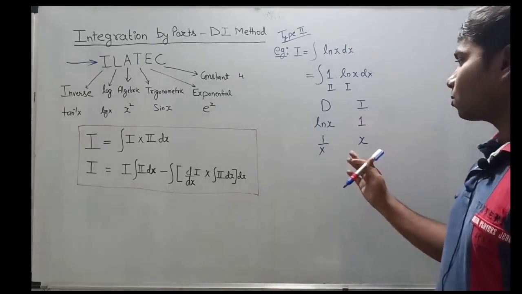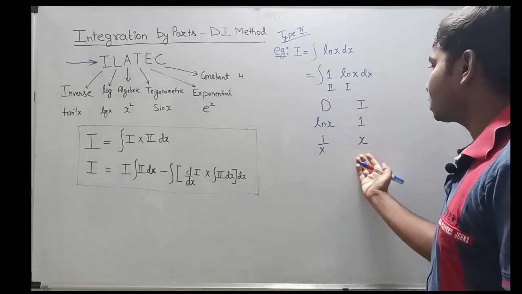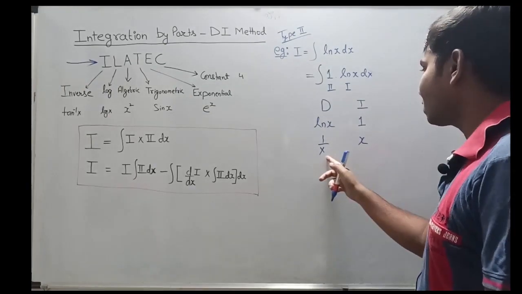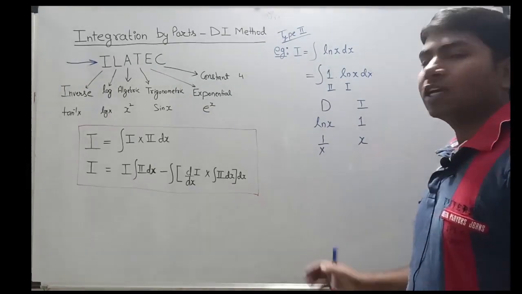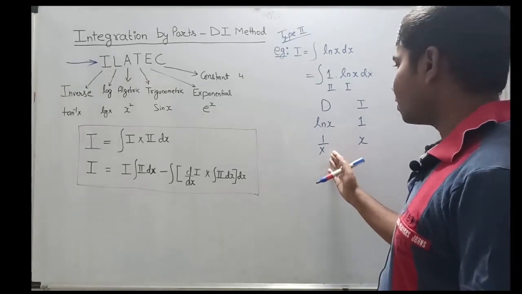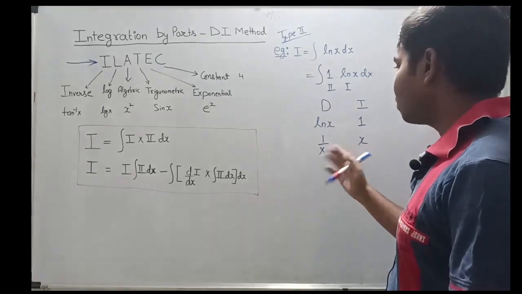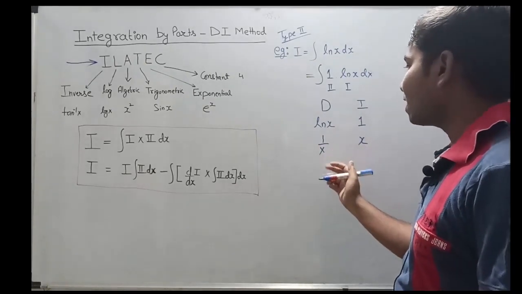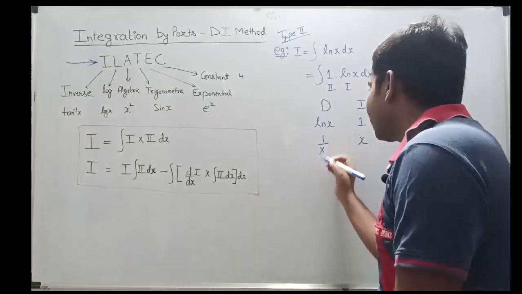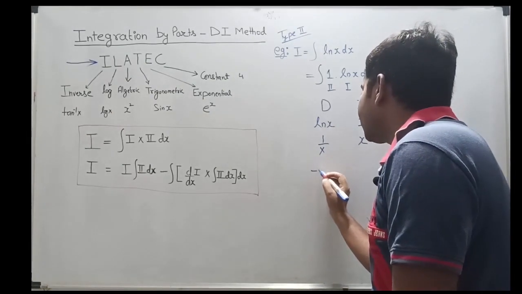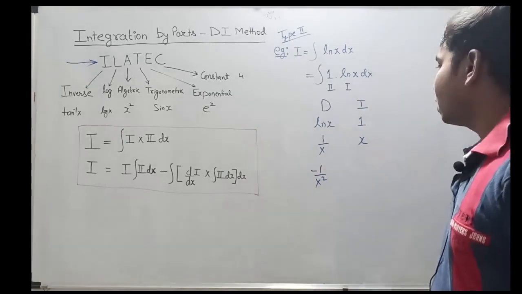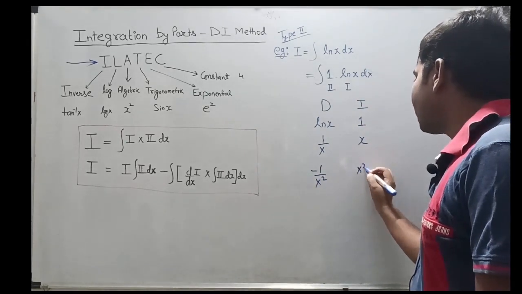Now suppose, students, if we multiply these two functions, it will give us 1. So we can stop our integration here, and here it is easy to solve. And one more thing, if we again differentiate 1 by x, it will come like 1 by x square, and this function will come like x square.